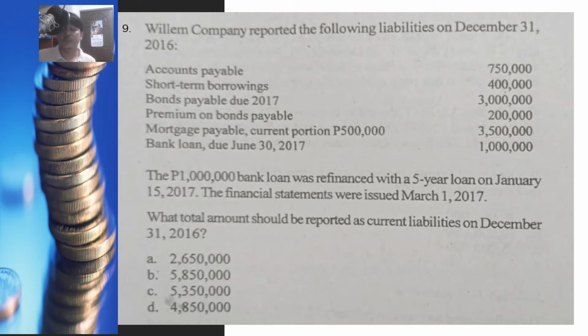Premium on bonds payable, 200,000. So kanina may discount. Ngayon, premium. Mortgage payable current portion, 500,000. Bank loan due June 30, 2017. Additional information, the 1 million bank loan was refinanced with a 5-year loan on January 15, 2017.